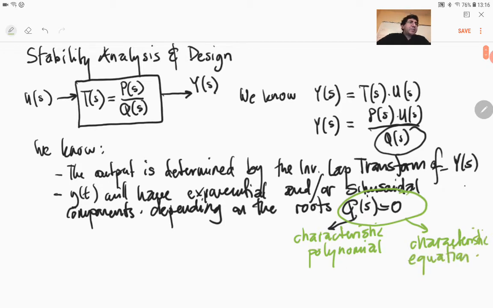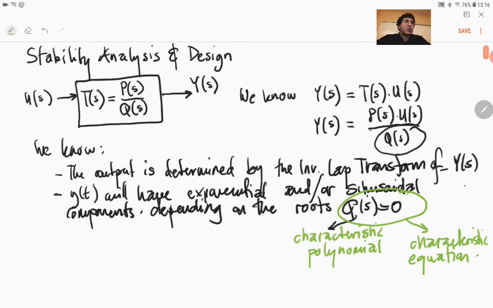Okay, so for example, if this equation has only real roots, we will have only exponential components in y of t. If this equation has complex conjugate set of poles, then we will have exponentials multiplying sinusoidal components.